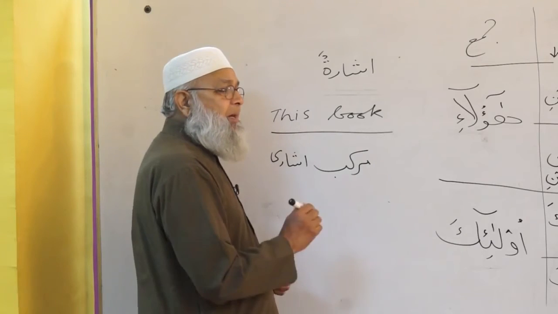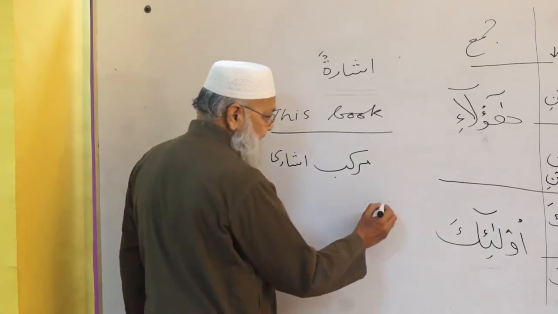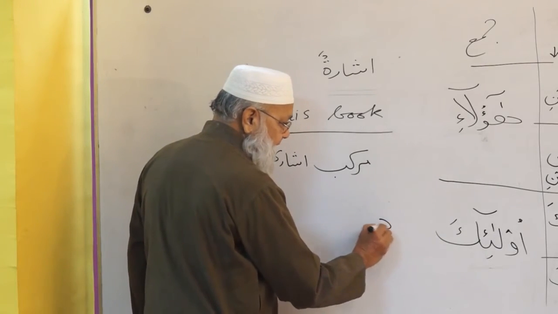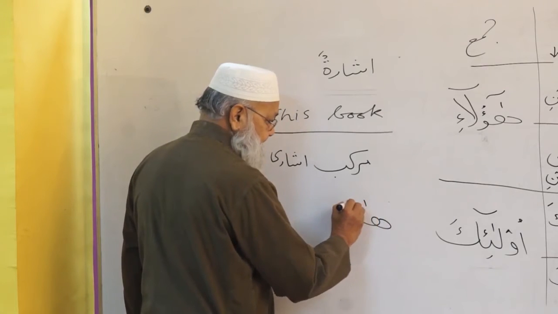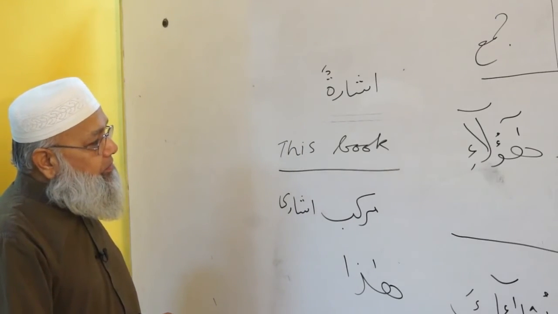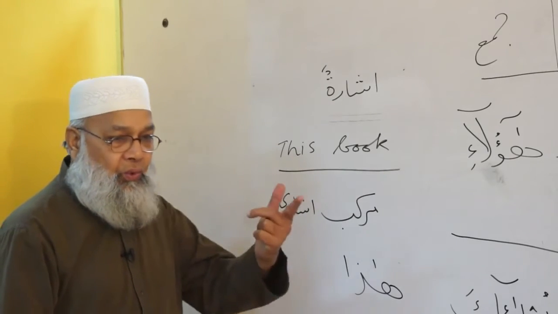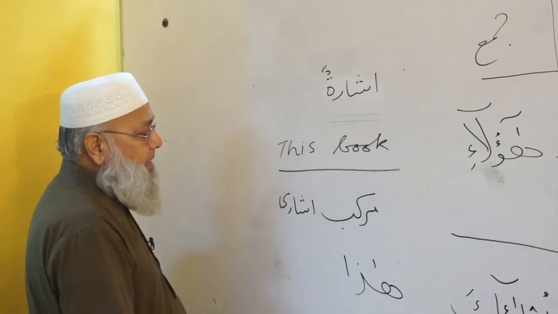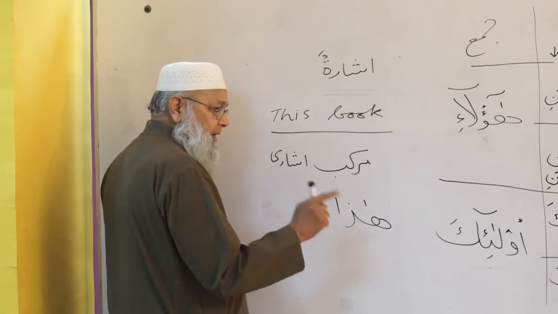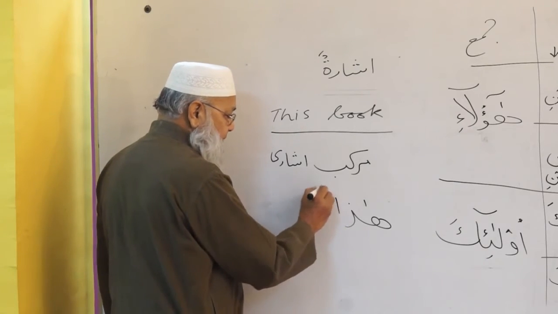When you have to make such a construction, it is very simple. First you mention the demonstrative noun, say hada. And then the object which you are pointing to, you bring as a definite noun with the alif lam in the beginning. For example, hadhal kitabu.